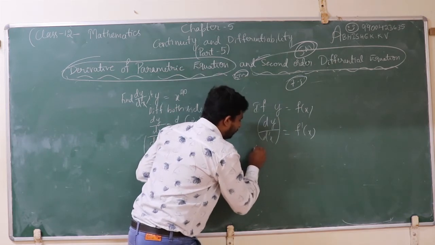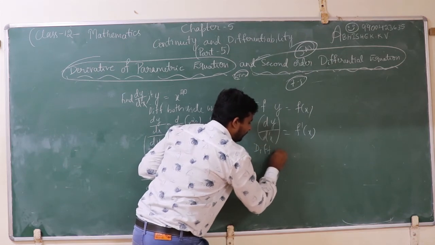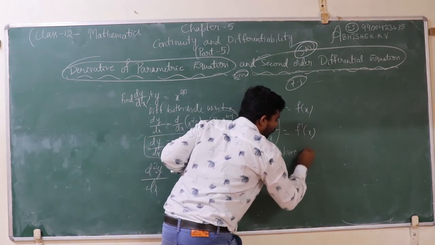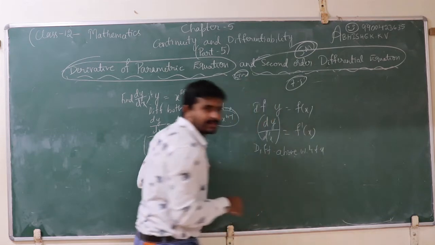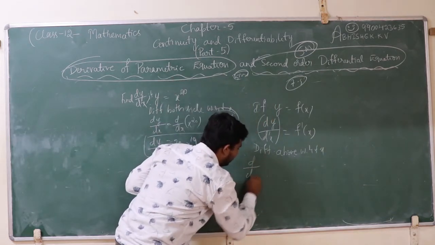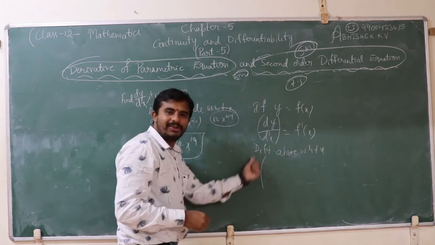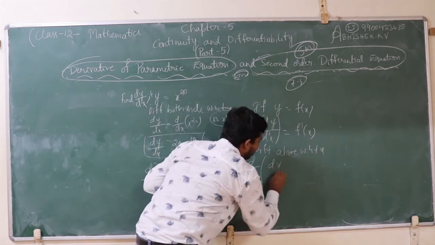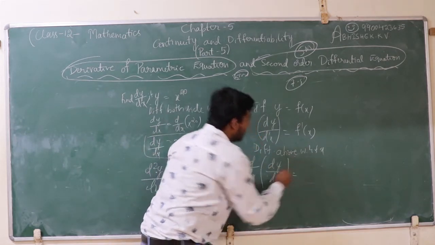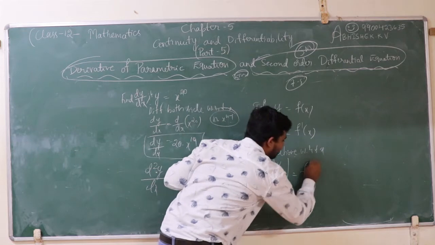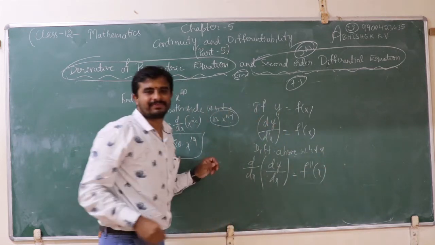Then, if we differentiate the above with respect to x, d by dx of dy by dx, f dash of x can be written as f double dash of x.